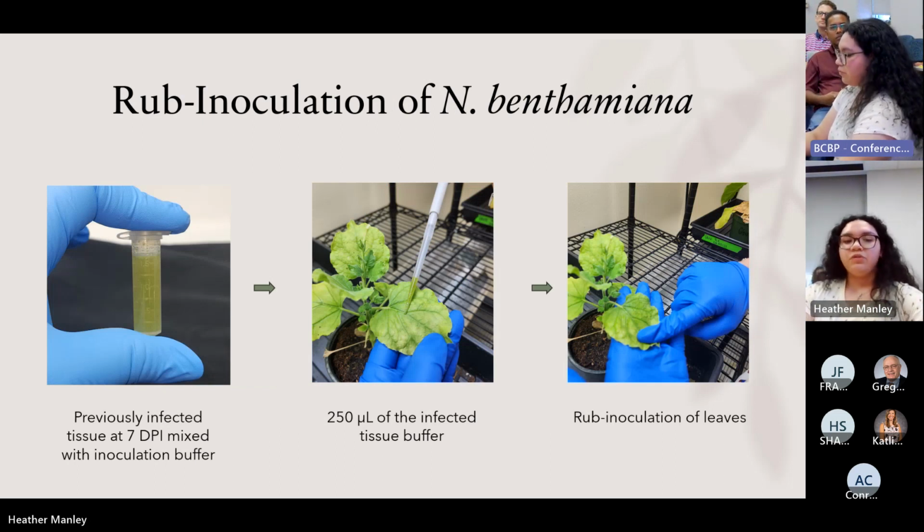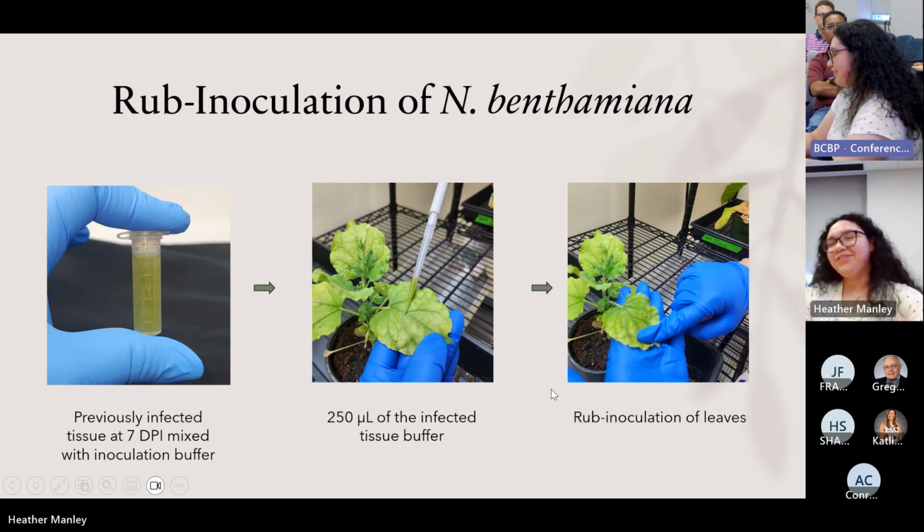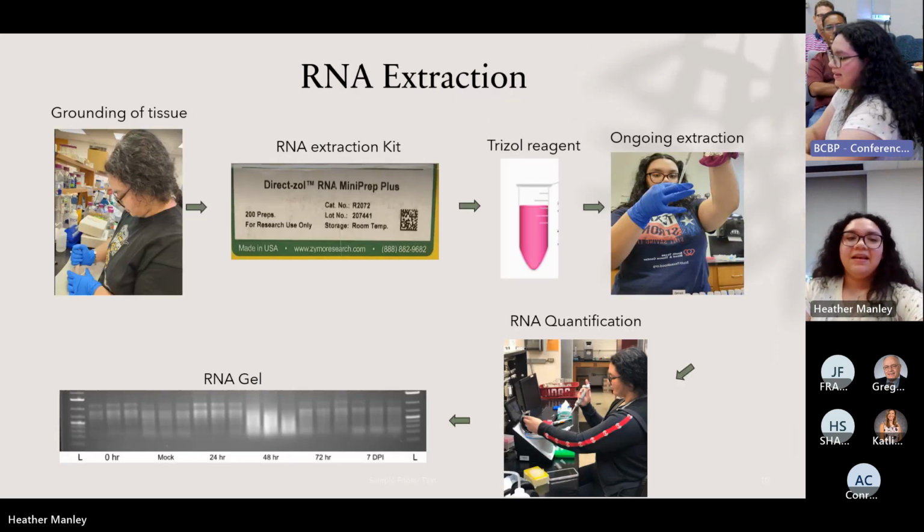We used previously infected tissue from another project, with 250 microliters of buffer, and we just rubbed it on the leaf. And then from there, we had to prep the samples.